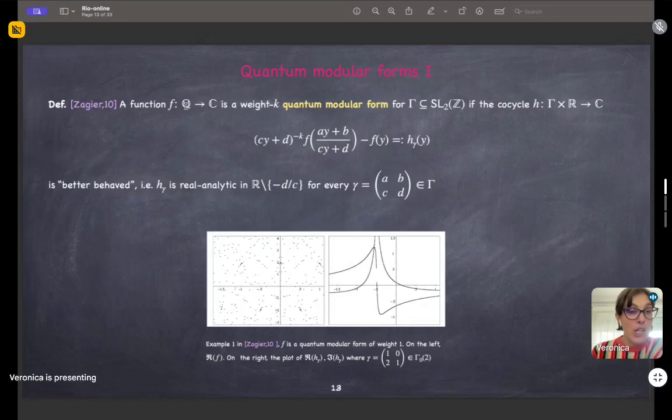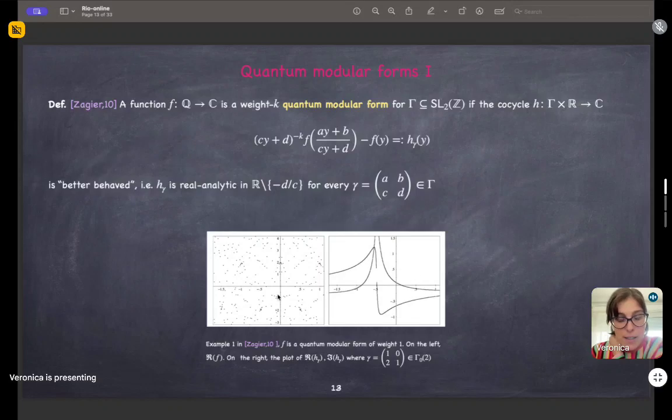A function from the rationals to C is a weight k quantum modular form if the cocycle h, which is a function from the group gamma times R to C, defined essentially by the following difference, has better analytic properties than the function f, meaning that it is real analytic. So it extends over the reals. It's real analytic everywhere up to this point for every element gamma.